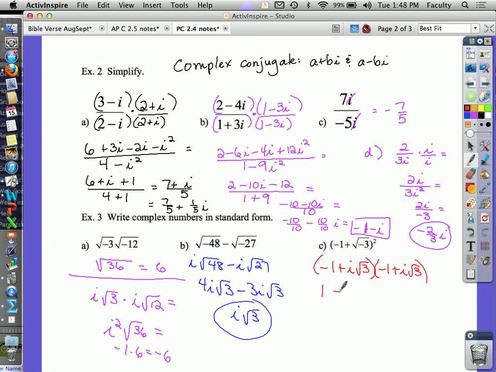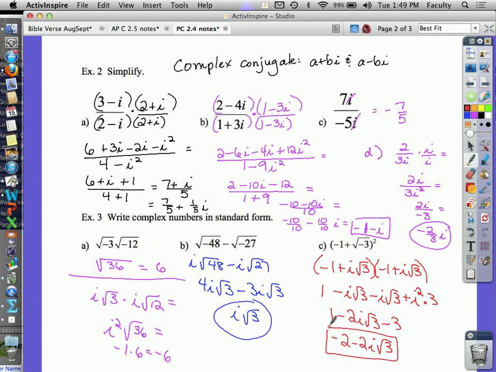The outer is going to be minus i radical 3. The inner will be minus i radical 3. And then the last is going to give me i squared times, okay, i times i is i squared, but what's radical 3 times radical 3? It's just 3. So this becomes 1 minus 2i radical 3, and isn't i squared equal to negative 1? So that's a minus 3, so it's negative 2 minus 2i radical 3.